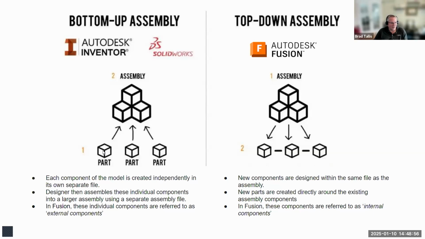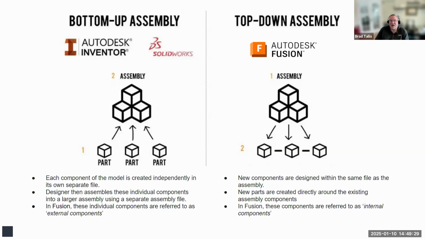So they design part one, they save it. They design part two, they save it. They design part three and they save it. Then they create what's called an assembly file and bring in part one, then part two, and join those two together. They bring in part three and join that part, etc. In Fusion, these are typically called external components, like I showed with the wine cabinet with those hinges and handles.